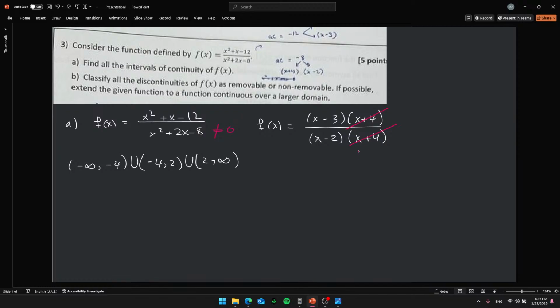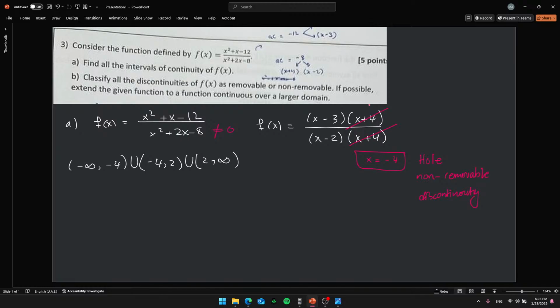So in this case, x is equal to negative 4. So at x equals negative 4, there is a hole, or removable discontinuity. How did I know that? Because I was able to cancel something from the numerator and the denominator.